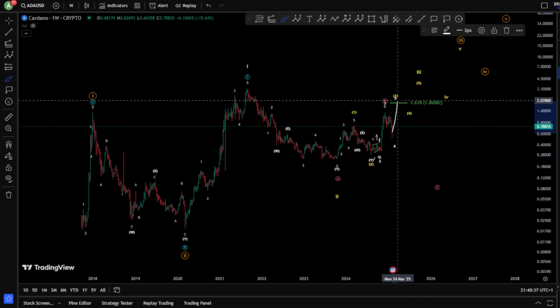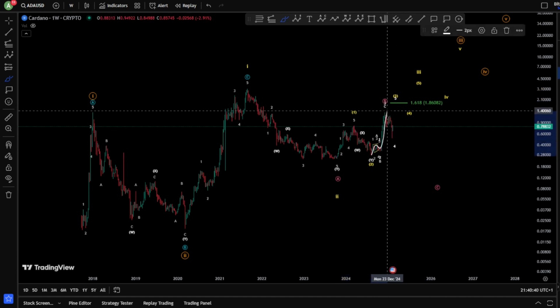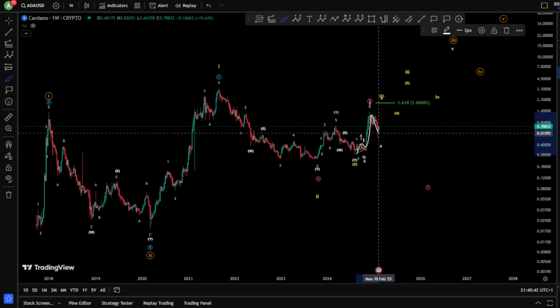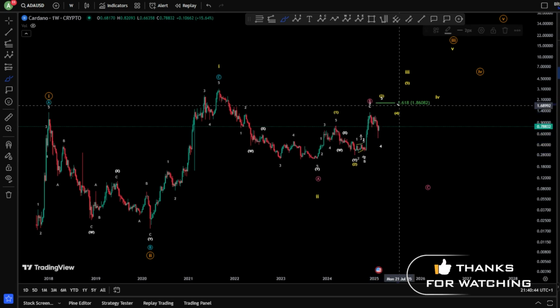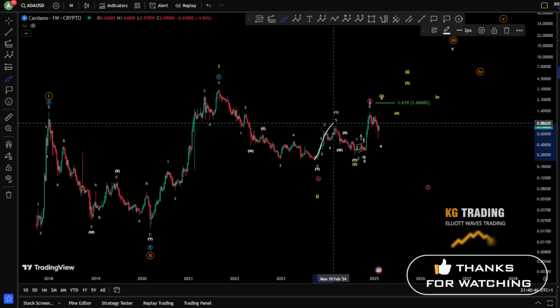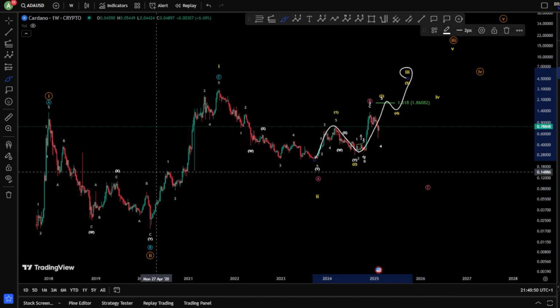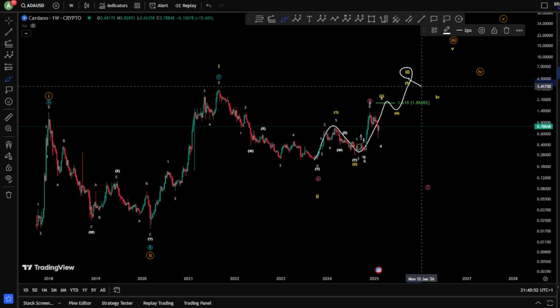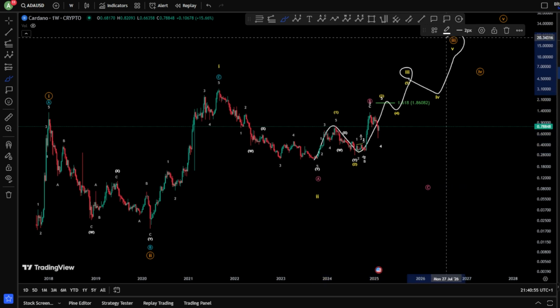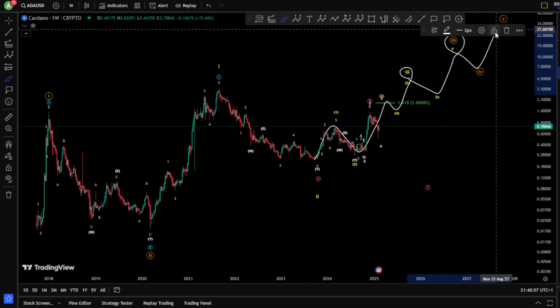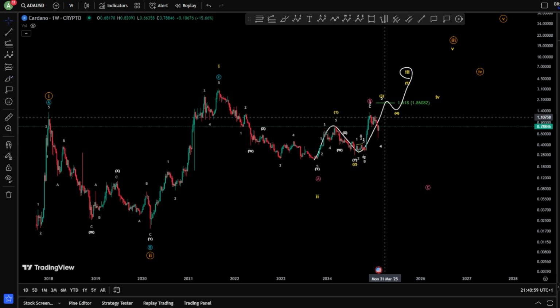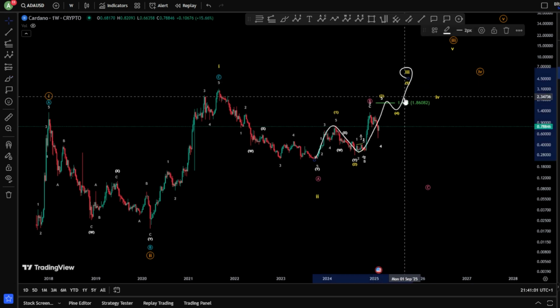You still need one more leg toward the upside to reach the 1.618 to say that you are finishing your wave 3 in your yellow count, and then 4 and a 5. And then start to finish the orange count, of course, for your bullish scenarios. This is your ultimate bullish scenario.